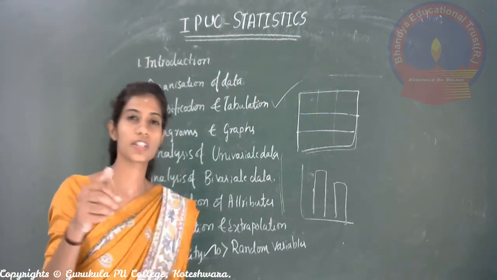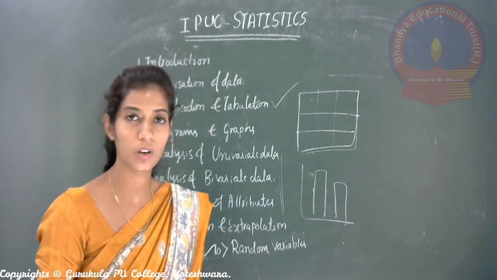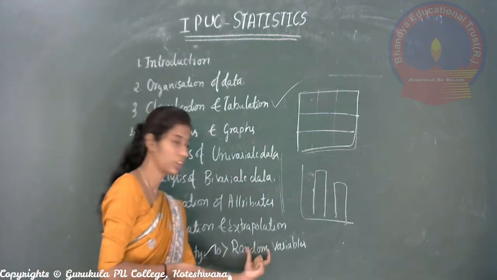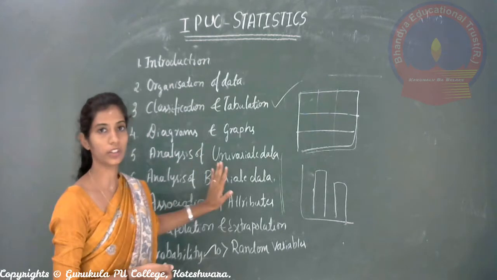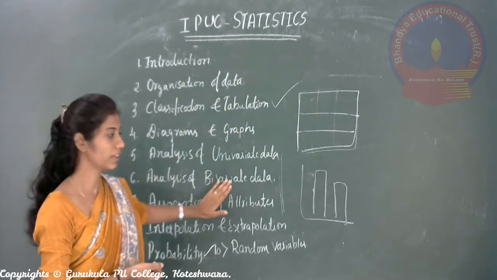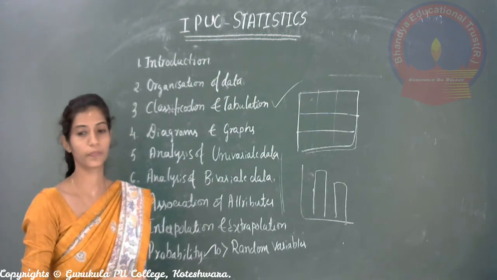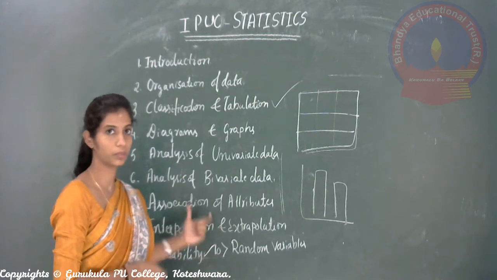Some of the concepts may be tossing of a coin, and what the possible outcomes are, which you have studied in the lower section. This is a continuation of probability. This is all about the contents you are going to study in the first year syllabus. Okay, if needed you can note this down.